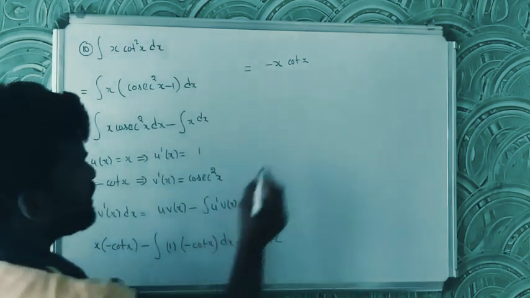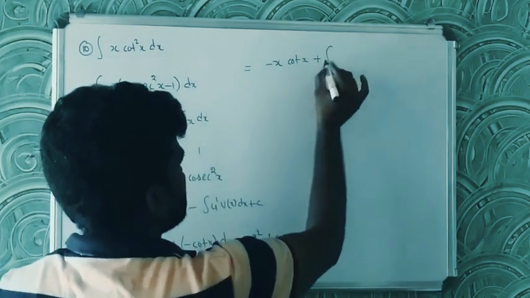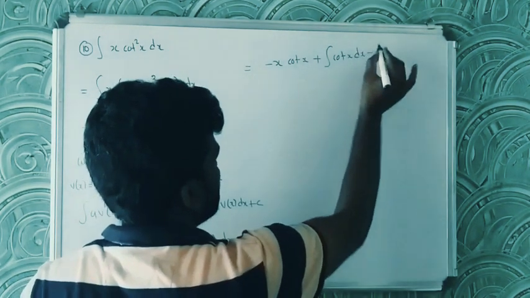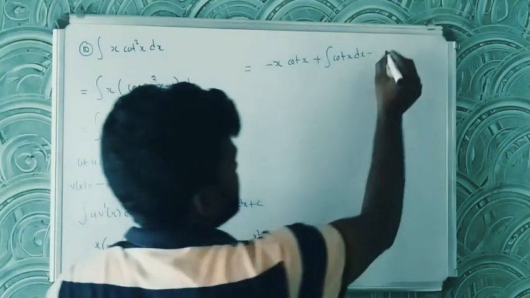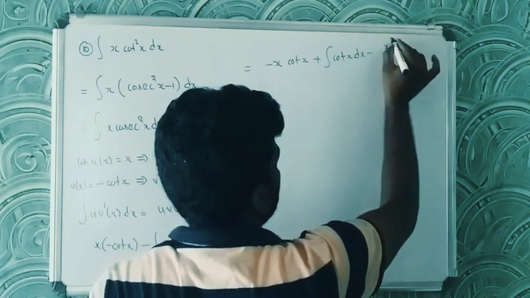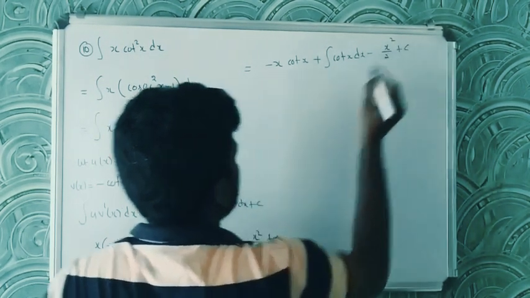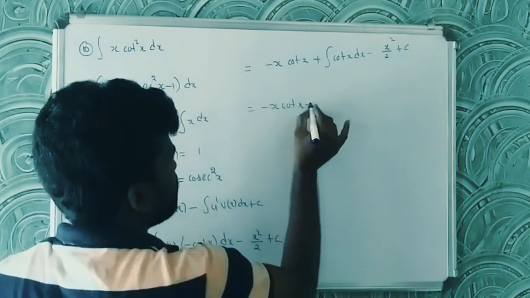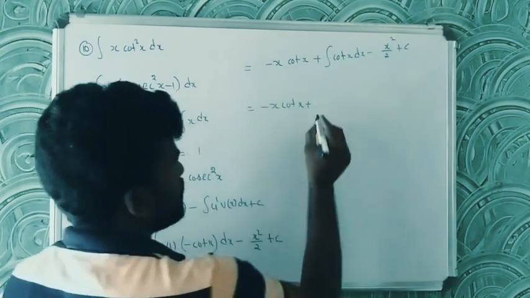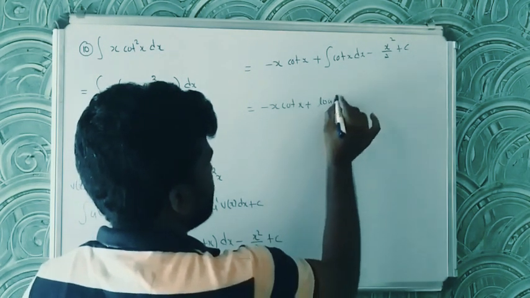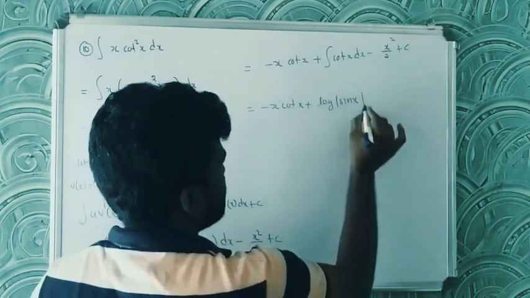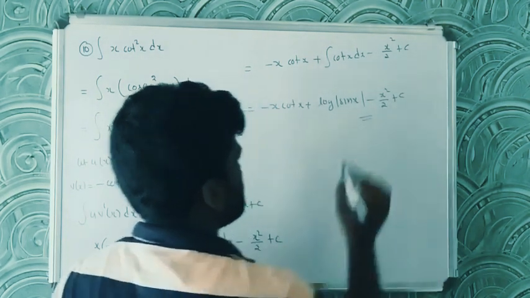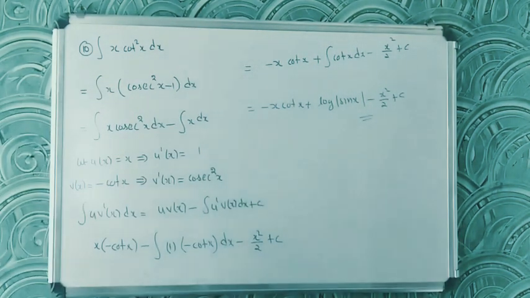Here minus into minus is plus, integration of cot x into dx, minus x square by 2 plus c. So minus x cot x plus integration of cot x dx, which is log mod sin x, minus x square by 2 plus c. This is problem number 10.